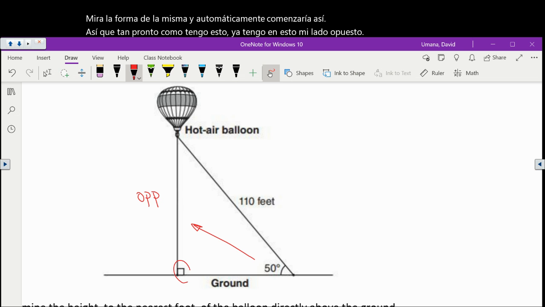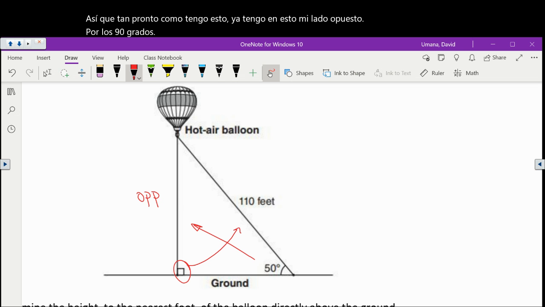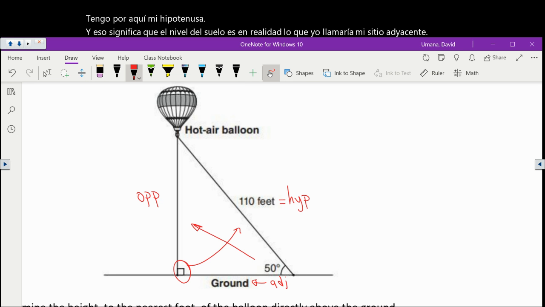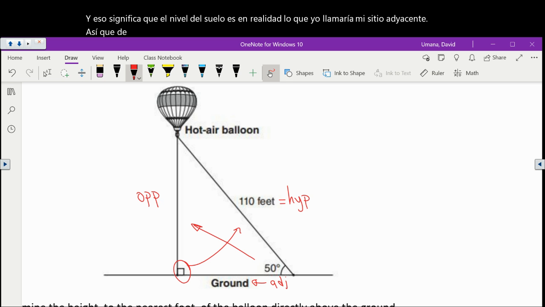Because of the 90 degrees, I have over here my hypotenuse. And that means that the ground level is actually what I would call my adjacent side. So all of a sudden, I have all this information.